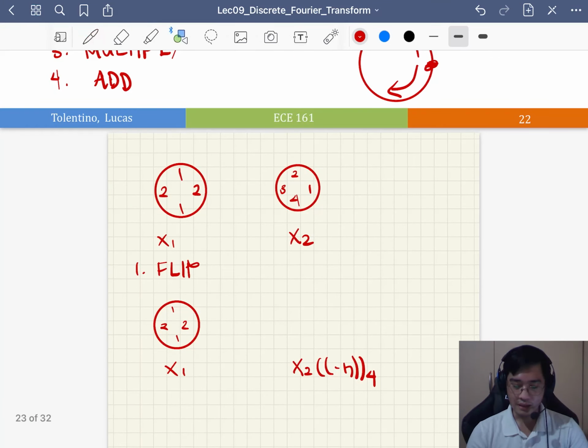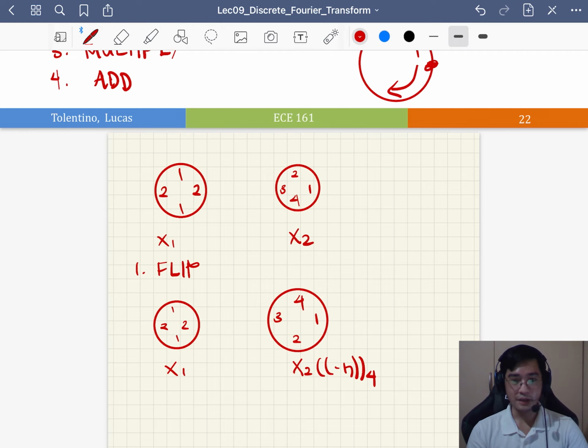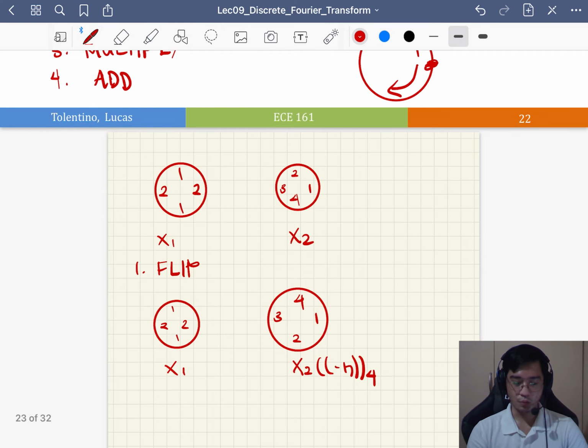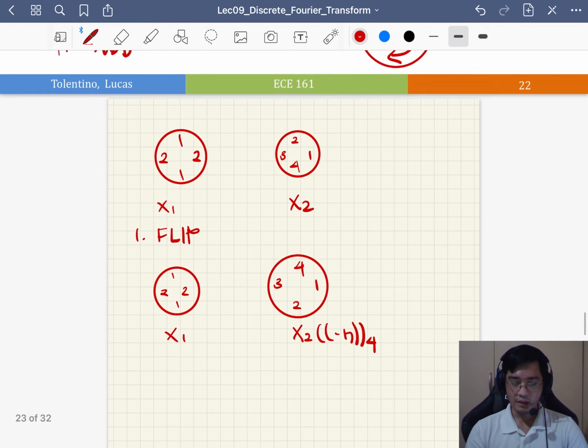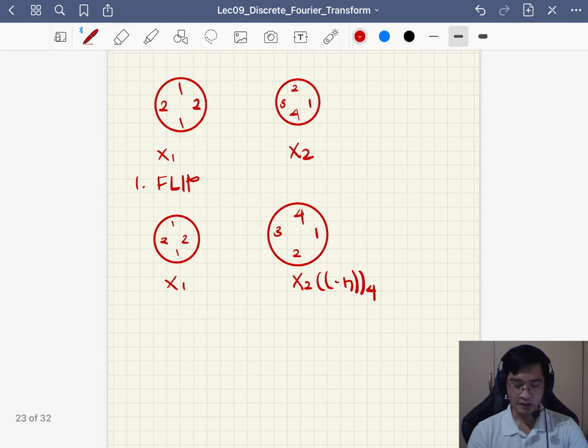So when we do that, if we flip x2, we have 1, 2, 3, 4. So that is the flipped version of x2. Now next is shifting. The amount of shift basically dictates the index of x3.